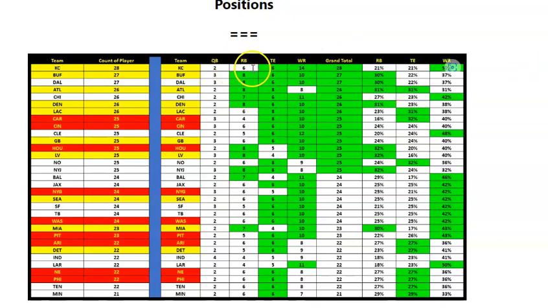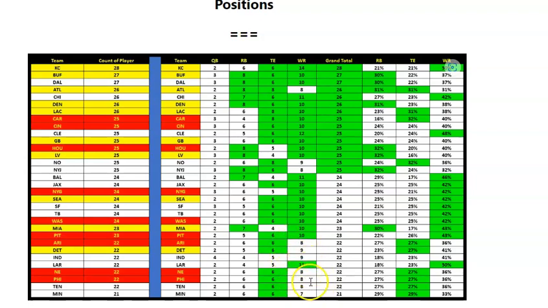I looked at the numbers of running backs, tight ends, and wide receivers. And if you see, there's a lot of these that are pretty high in wide receivers, but they're also high in the tight end and some in the running back. And down at the bottom, we don't see a lot of wide receivers there compared.